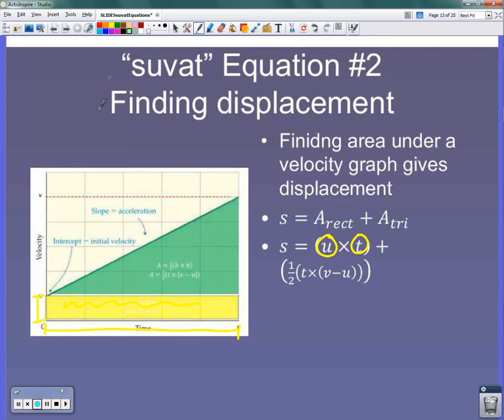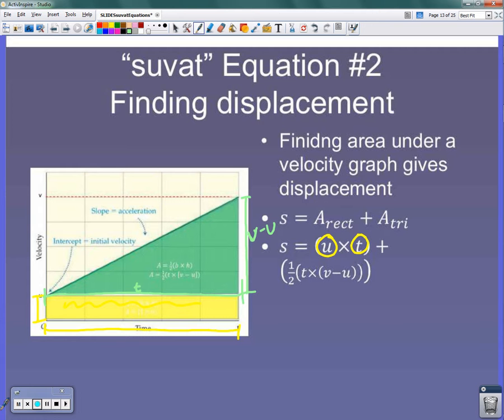The green one is a little bit more complex, but the base of that triangle is still t. It's exactly the same. But the height now, we'd have to work a little equation: v minus u, because we have to find just this portion of the graph.